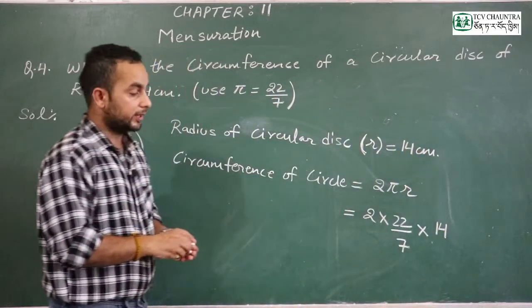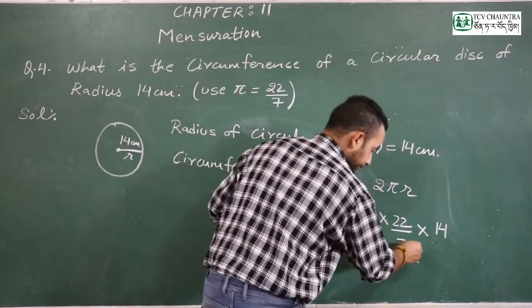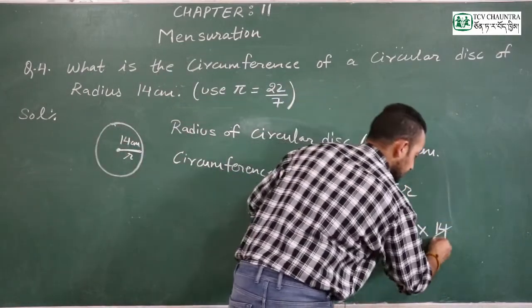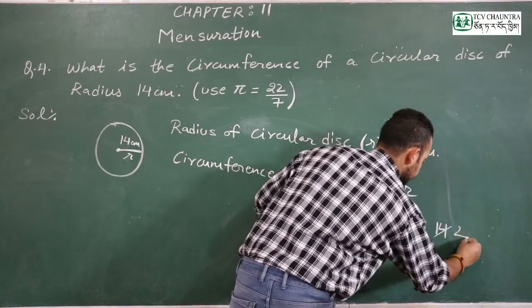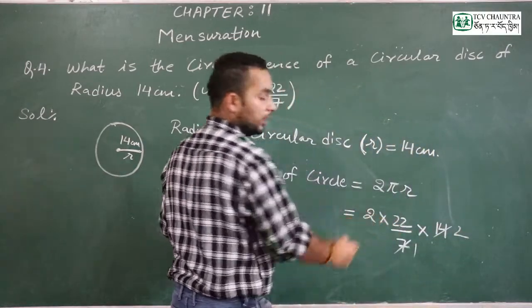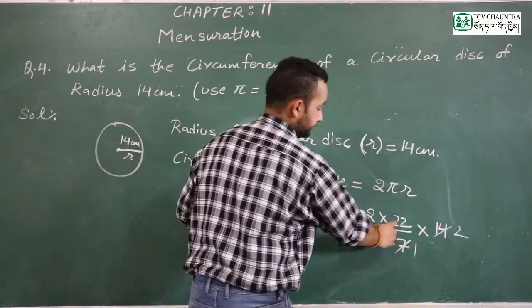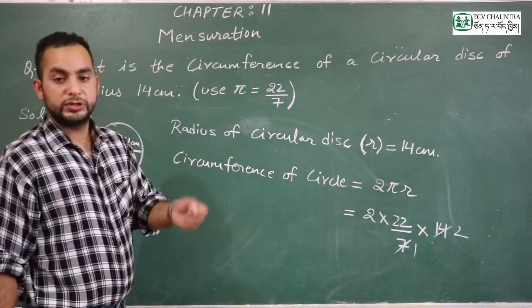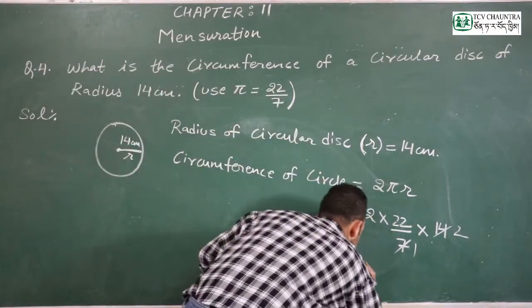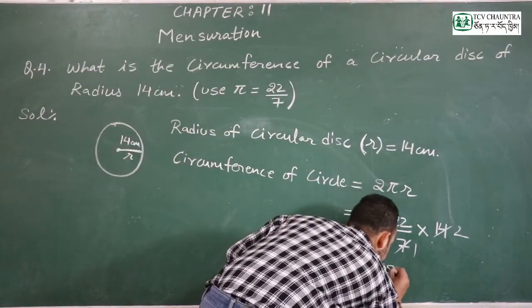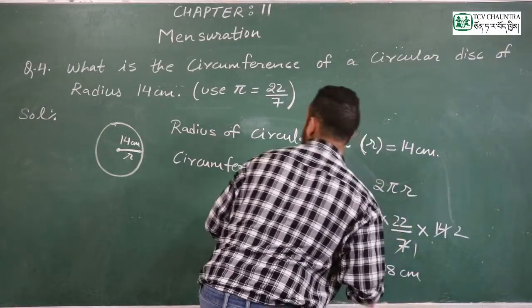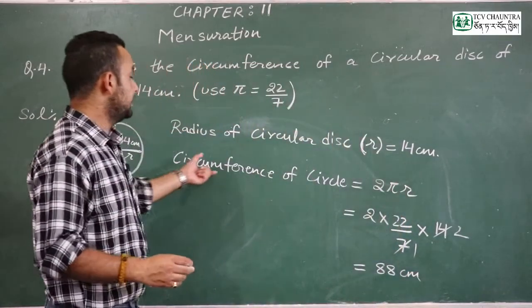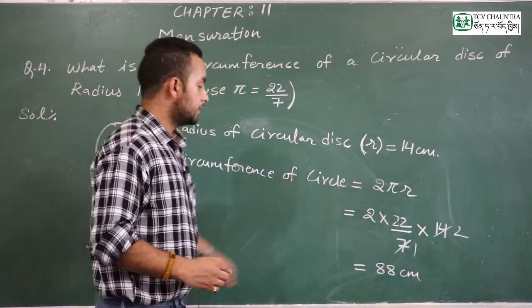Okay class, now solve. 7 ones are 7, 7 twos are 14. Then 22 twos are 44, and 44 twos are 88. So 88 centimeter is the value of the circumference of the circle.